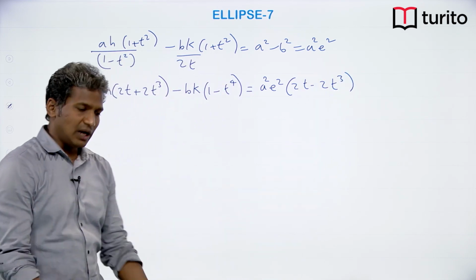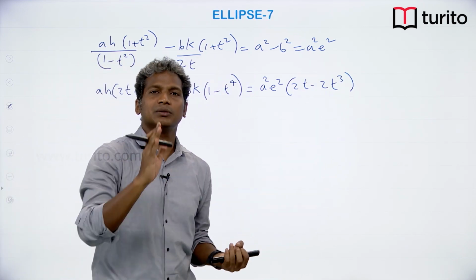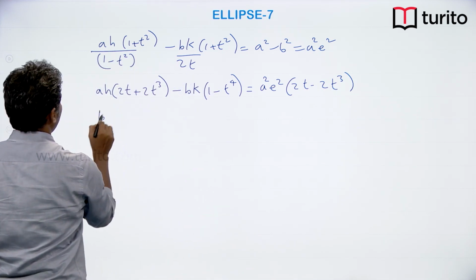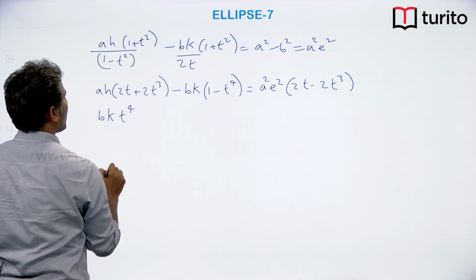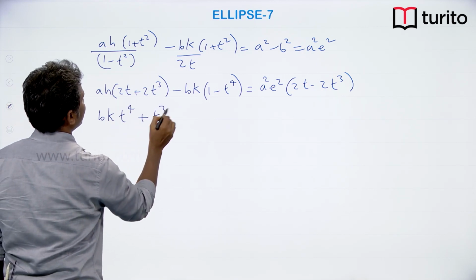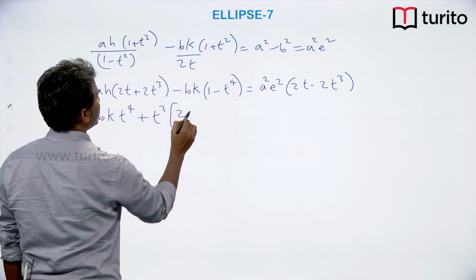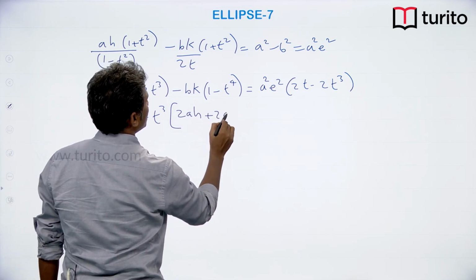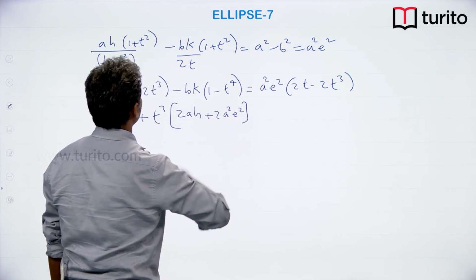Now, let us collect all coefficients based on the powers. There is only one t power 4 term. So, bk into t power 4 plus t cube, if I take common, I get 2ah here, and from here I will get plus 2a square e square.